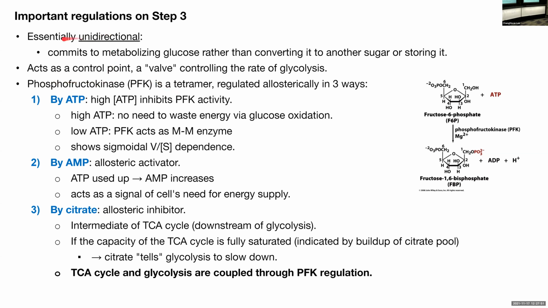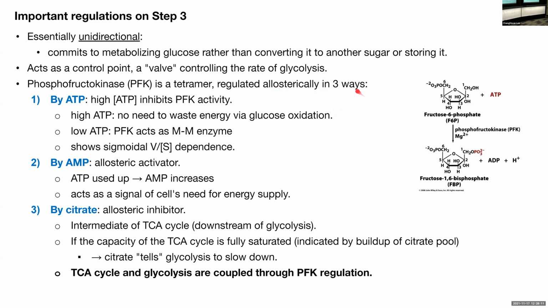Since this is the committing step, it acts as a control point, working as a sort of valve for the glycolysis rate. And this enzyme, phosphofructokinase, or PFK, is a tetramer, meaning that it has 4 subunits, and it is regulated allosterically in 3 ways.